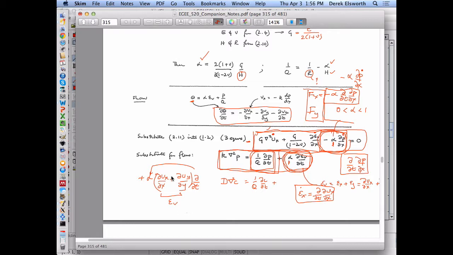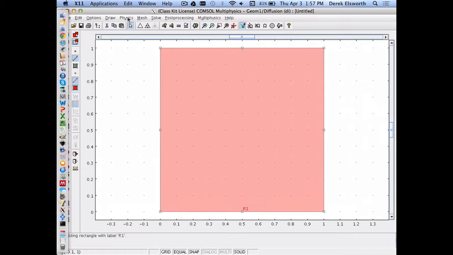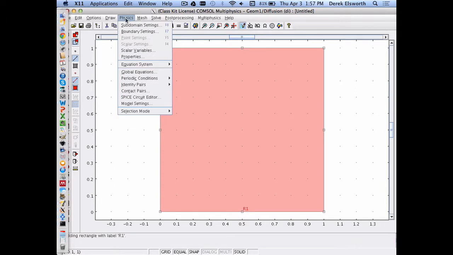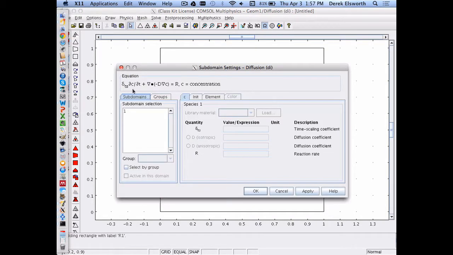So what does COMSOL do? Well, we're going to want to figure out exactly what the coefficients are which are defined in these expressions. Maybe it will unlock them for us. So we are in the flow part, a change in concentration with time.